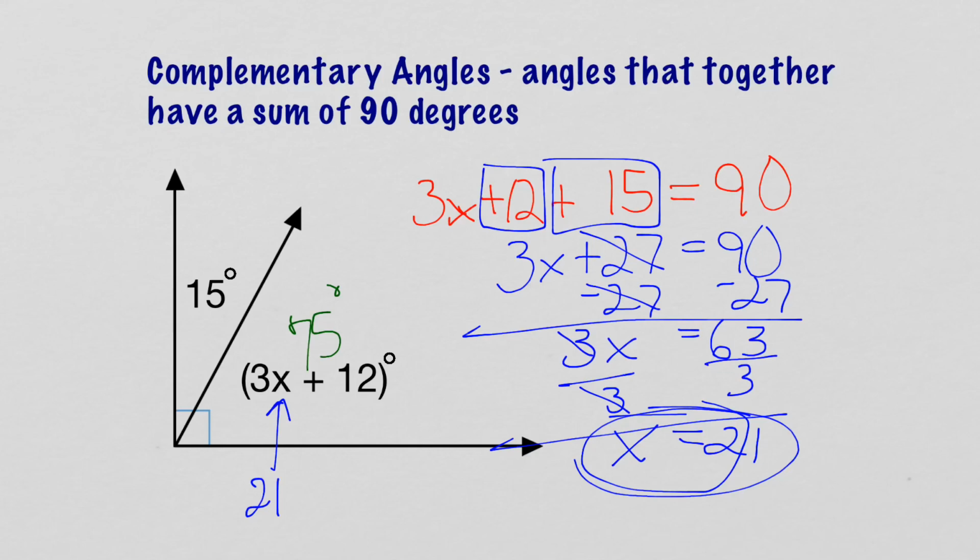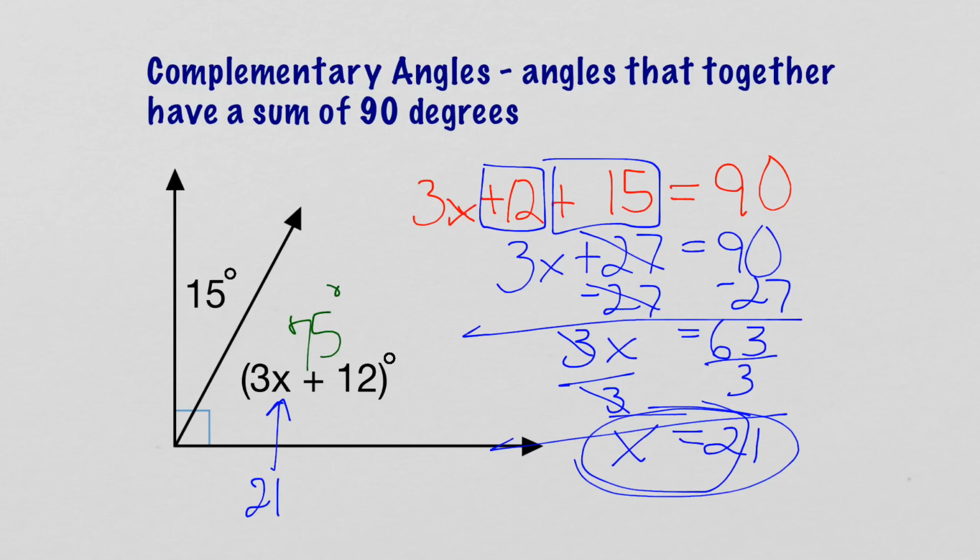If I were to plug 21 into 3x plus 12, it would give me 75. So don't confuse the value of the x with the value of the angle. They are two different things. Okay? So that's complementary angles, two angles that together equal 90 degrees.